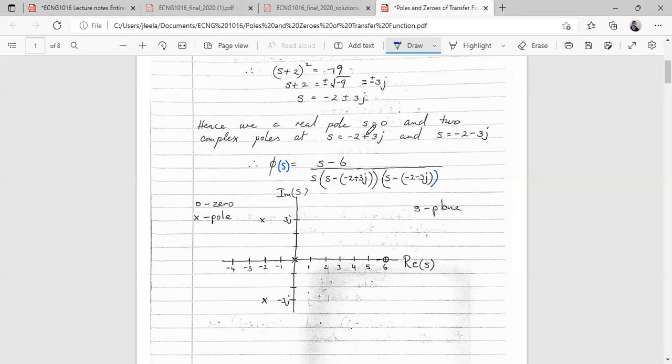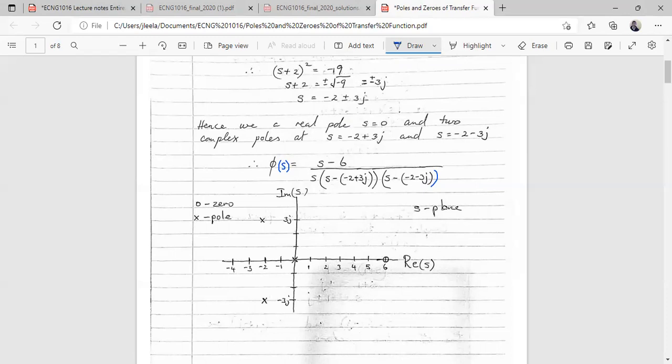You have a pole at s equals 0, so that is at the origin here. You have a zero at 6, that is in the right half plane. And then you have two complex poles, minus 2 plus 3j and minus 2 minus 3j.